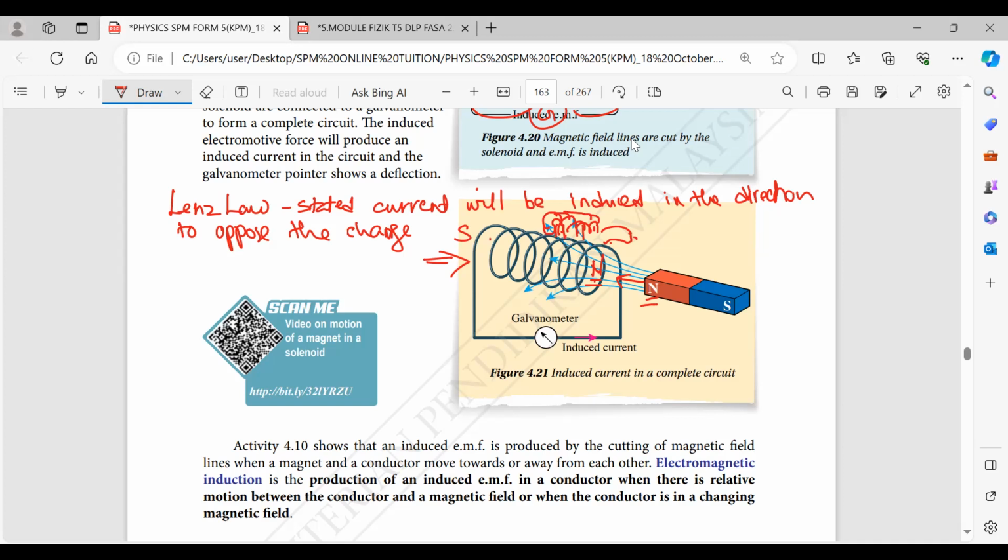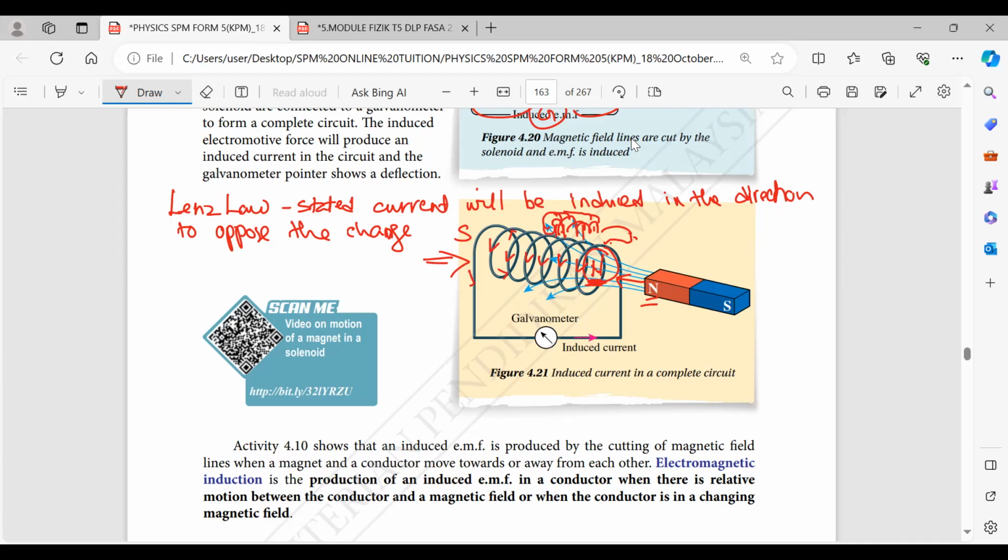So the current in the coil should be following this way. Use your right hand grip. Your thumb should be pointing towards the north pole on the right hand side of the coil. Therefore, the other end will be a south, and the other four fingers show the direction of the current. So follow and see the direction of the current. The current comes down, goes up, comes down.